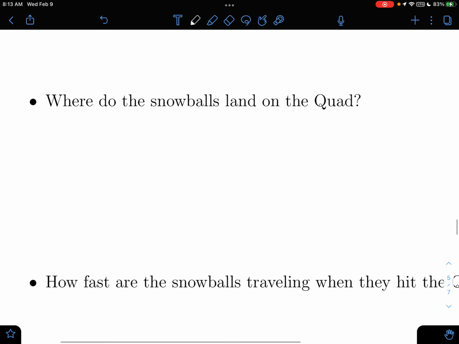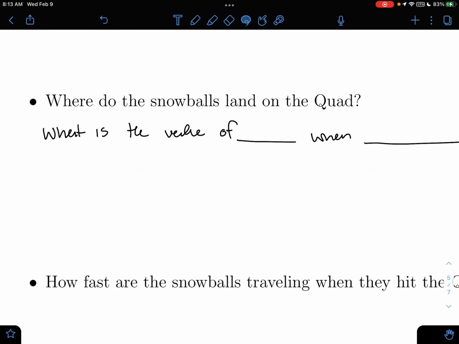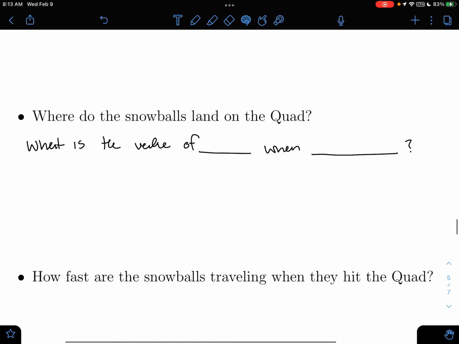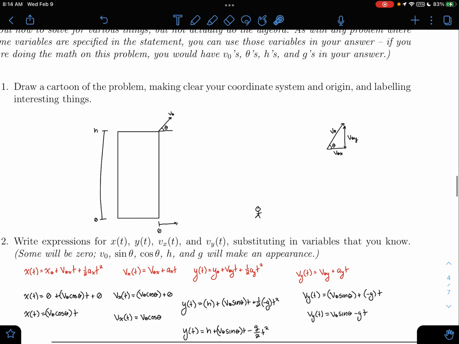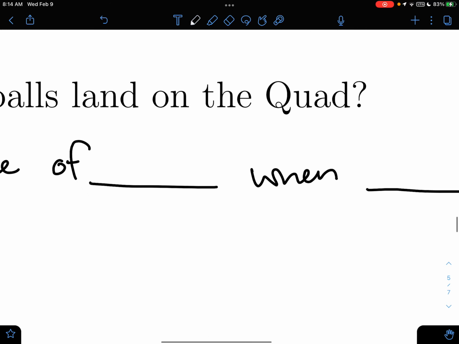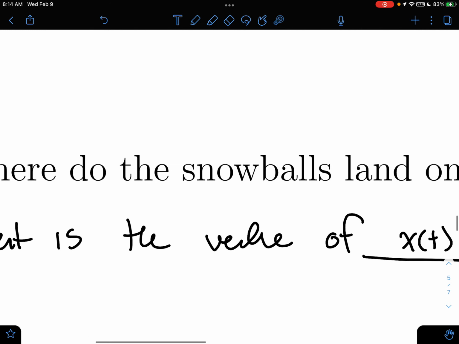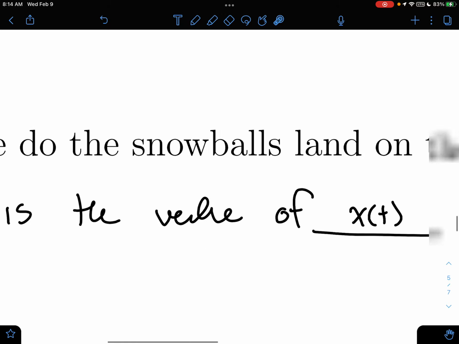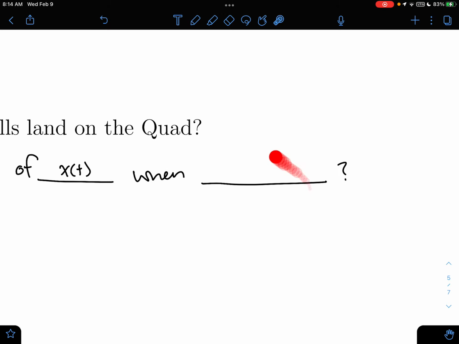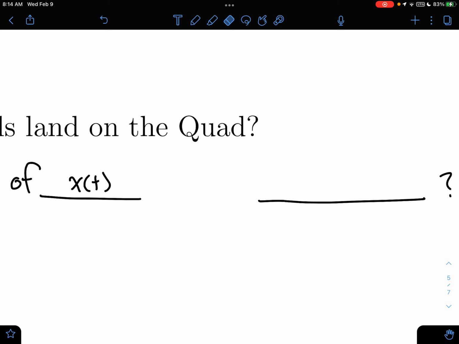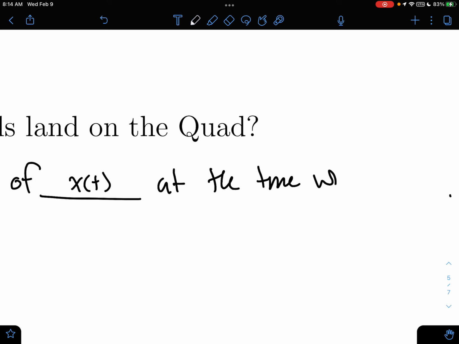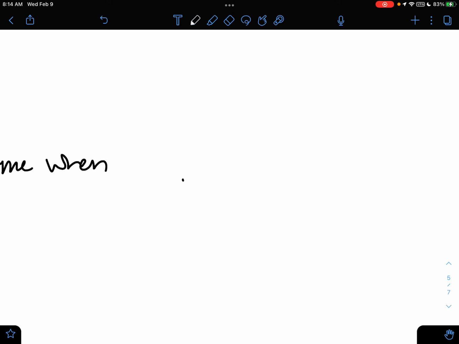Now, where do the snowballs land on the quad? This is going to be something similar. What is the value of blank when blank is true? Where do the snowballs land? This time we are trying to find x, since I said we didn't know our x position when it lands. What is the value of x of t? So I'm actually going to switch this and say, at the time when what has to be true?